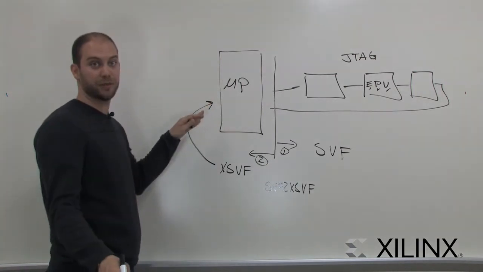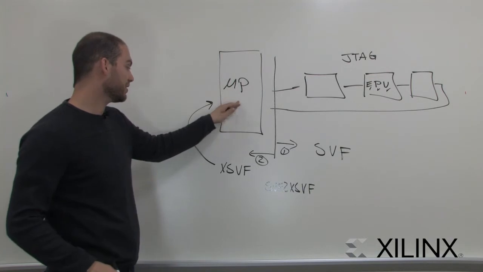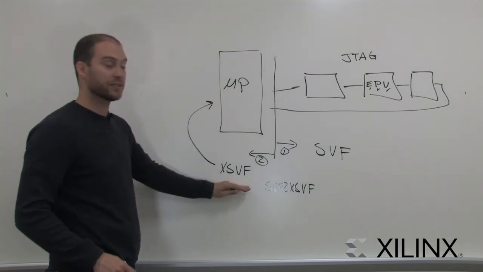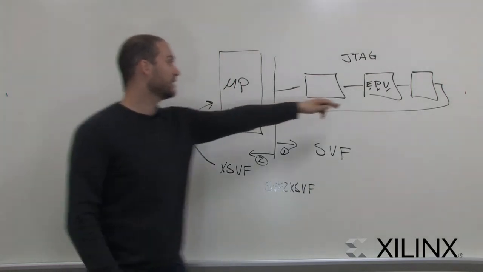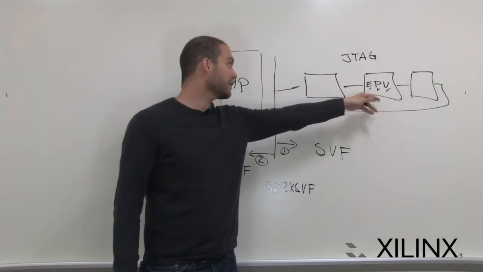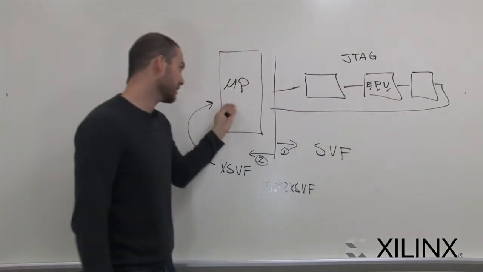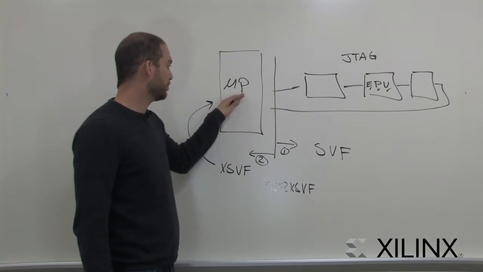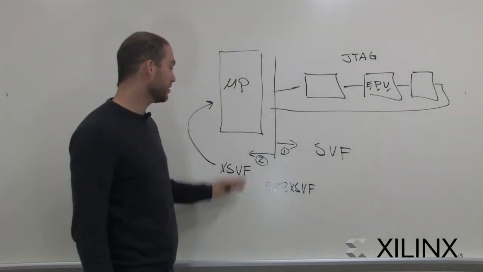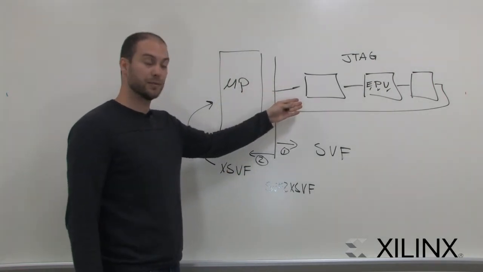Once the C code from the application note is compiled on the processor, the XSVF files are then fed into the processor, and these same operations that we ran in Impact will now be run over the JTAG chain. The C code itself has an exit code, so we'll know if the files have played successfully or not.